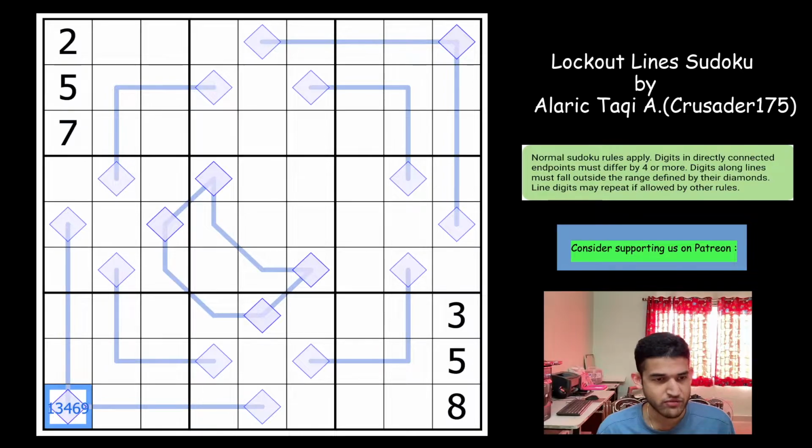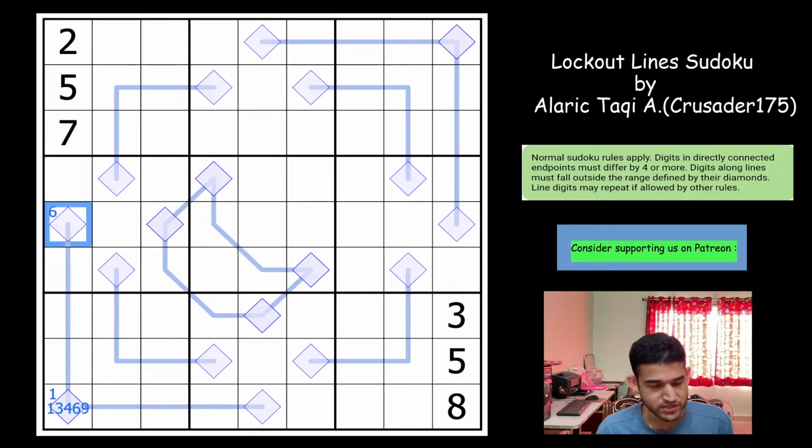Let's try out 1. If 1 is here, the minimum value it must have here is 6. The reason is 5 is not possible, so 6 must go here. And you can see that already 6 digits are eliminated from these 5 cells. And now we have only 7, 8 and 9 left. 7 is already here. You can't place both 8 and 9 in a single cell.